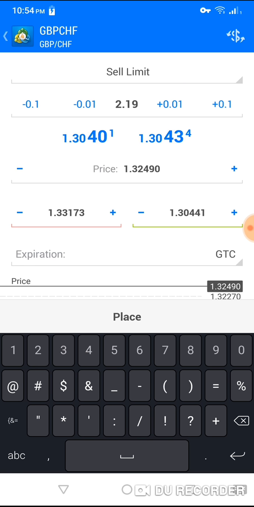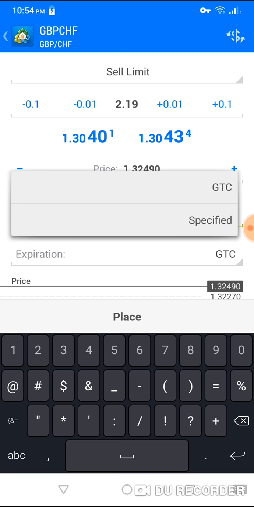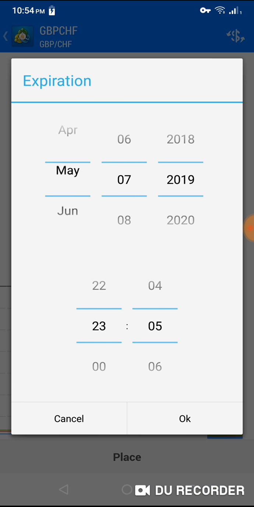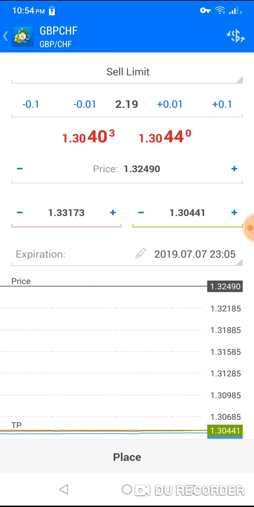Next line is expiration. I always set my expiration 3 months out. The reason I set it 3 months out is because I don't want my trade to expire and me not knowing about it. So I just give it a real long time period for it to potentially trigger without me having to worry about it.